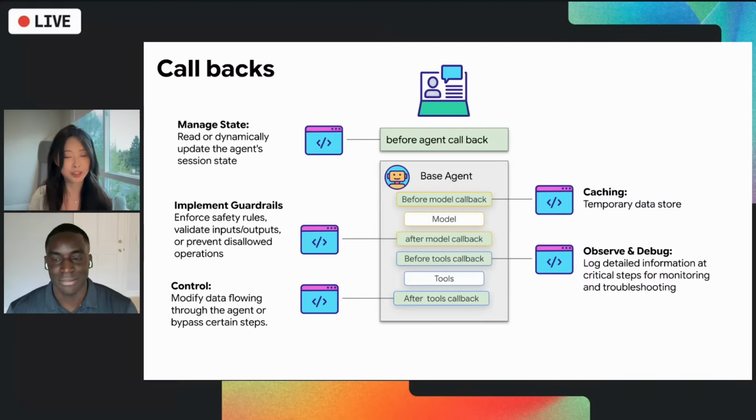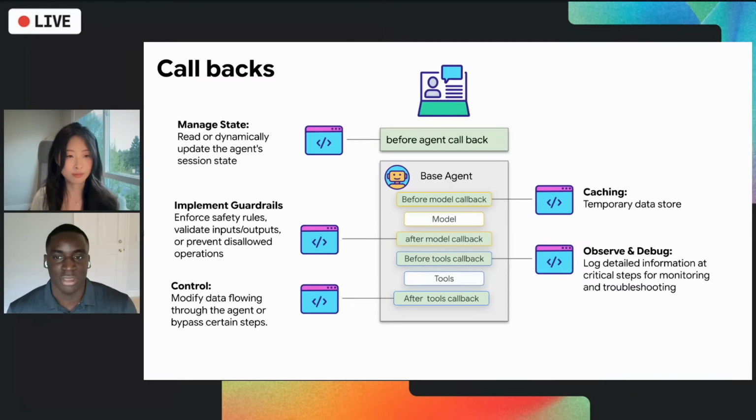For your example, when you say before agent callback, you mentioned Model Armor. Maybe give a quick brief intro for those in the audience who don't know what Model Armor is. That's a great question. Model Armor is essentially a managed API provided by Google that you can use to filter for prompt injection, and check for malicious inputs or sensitive data.